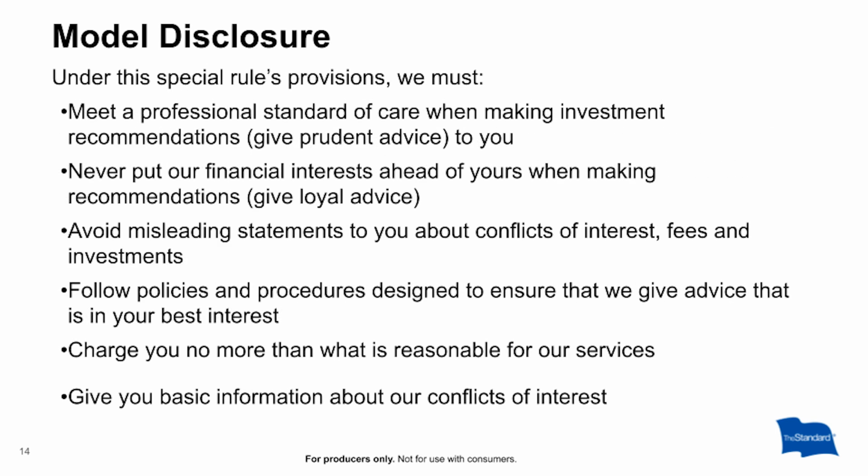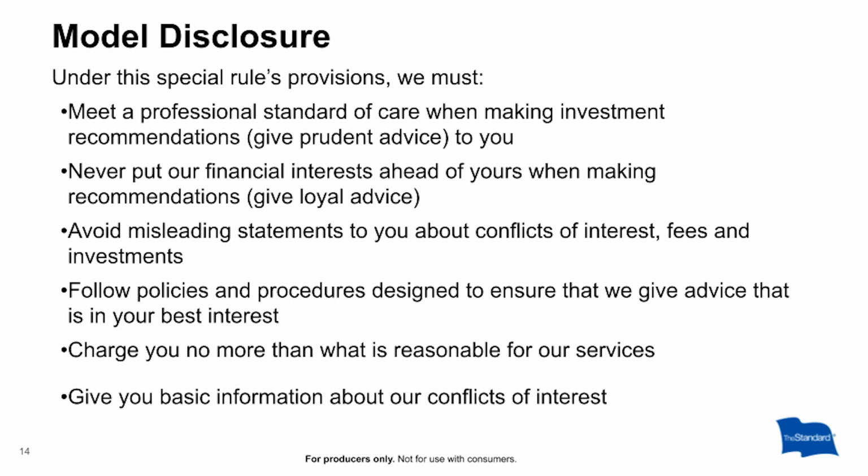We talked about care. Put your financial interests ahead of my own. That's the loyalty requirement. Avoid misleading statements. Follow policies and procedures. Have a process. Charge you no more than is reasonable. Now, I think this is pretty easy. Anybody feel that they're getting paid unreasonably for the work that you do? I bet you feel you're underpaid.